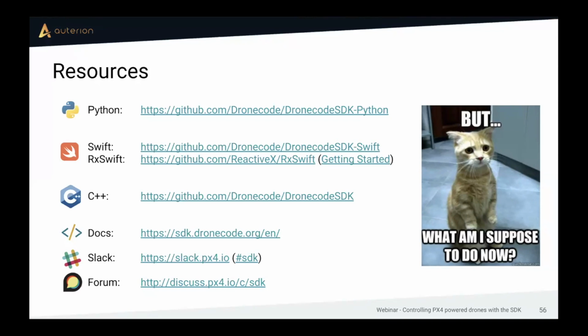And it's noted here that most documentation is to be found in the docs, so sdk.dronecode.org. Hamish is doing a great job there, helping with the docs. And so most of the instructions are over there and not in the READMEs. Just keep that in mind.